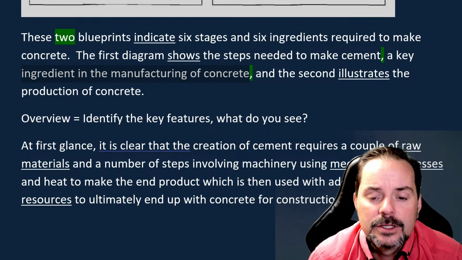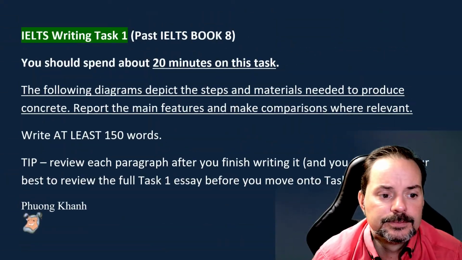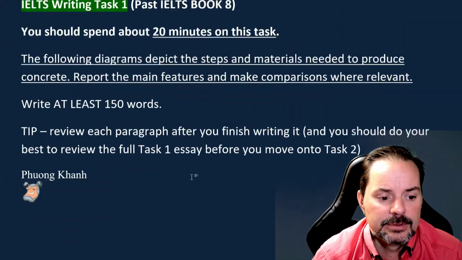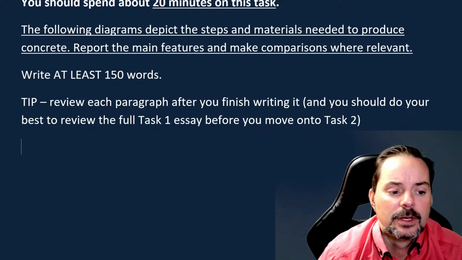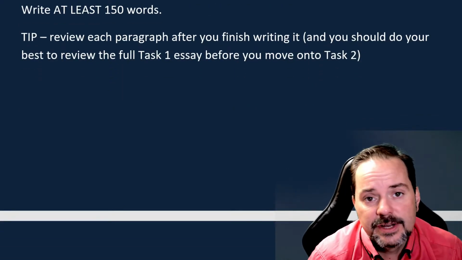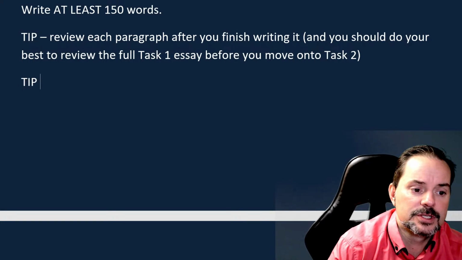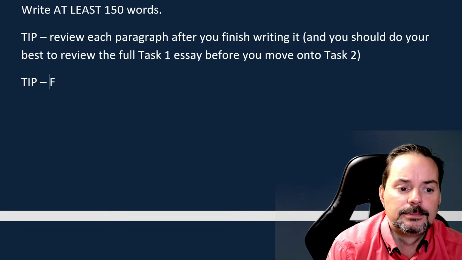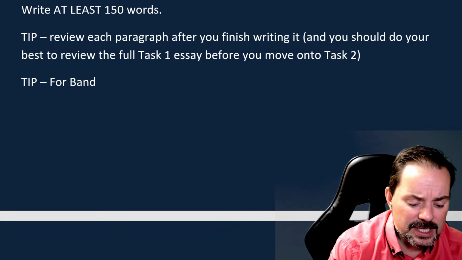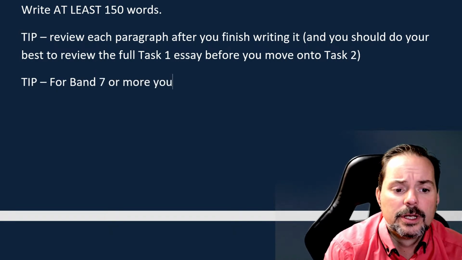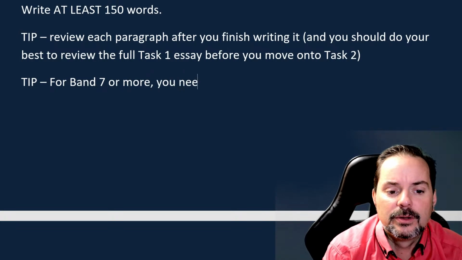Okay, so make sure, this is again another important tip. Okay, for high band scores, everybody 7.5 or higher, you have to have good punctuation use. So tip for band 7 or more, you need a good use of punctuation.